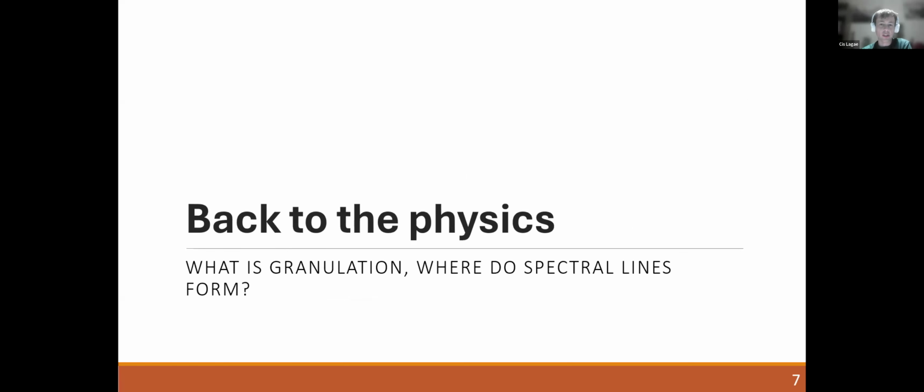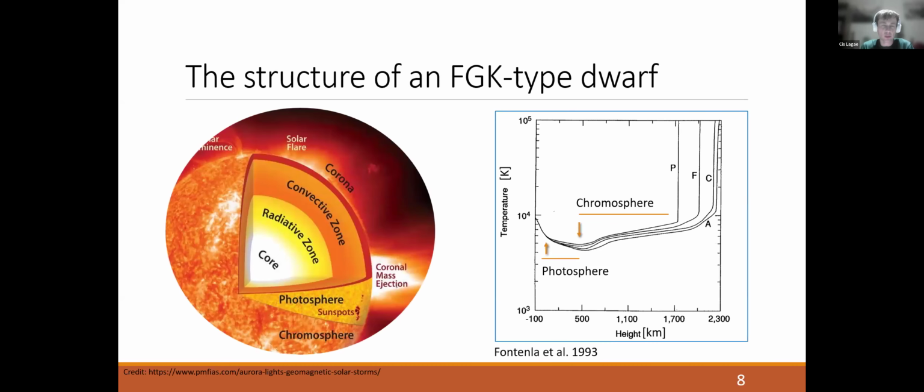So what is granulation, or more generally, what is the stellar surface and where do the spectral lines form? A typical FGK type dwarf star, like the sun, we all know how it's built up. We have the core, we have a radiative zone, and then we have this big convective zone at the surface. And then we have our photosphere, which we're interested in. You see this also on the right.